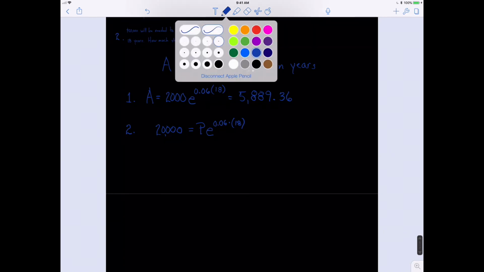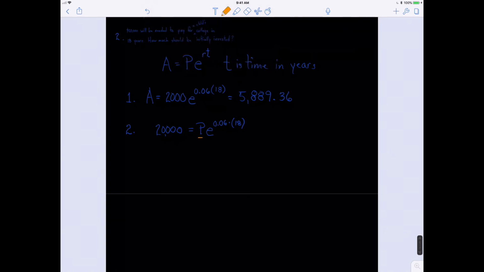We'll do this extra step, we'll do it in orange. I'm going to divide both sides by e raised to the 0.06 times 18. And I could get a decimal approximation for e raised to the 0.06 times 18, but it's actually just as easy to work with the problem this way.